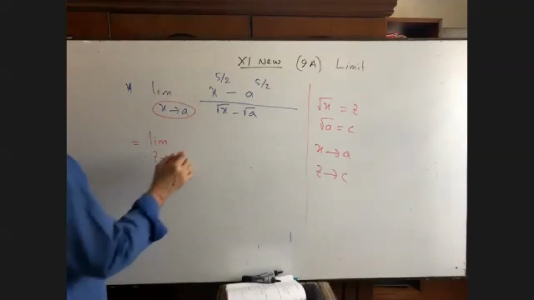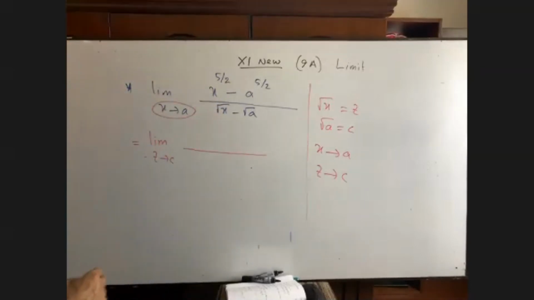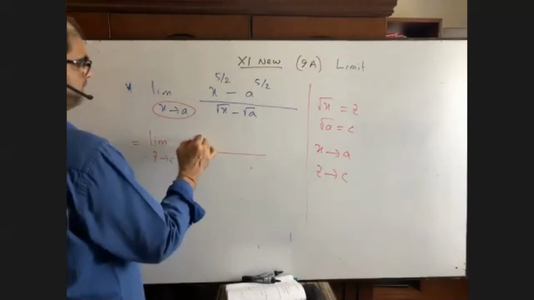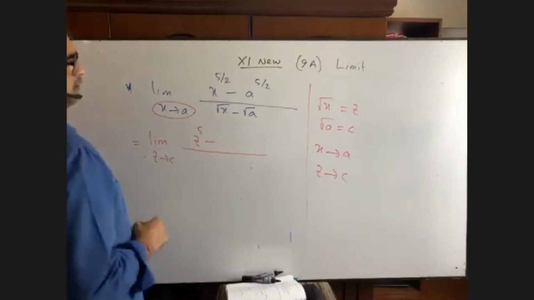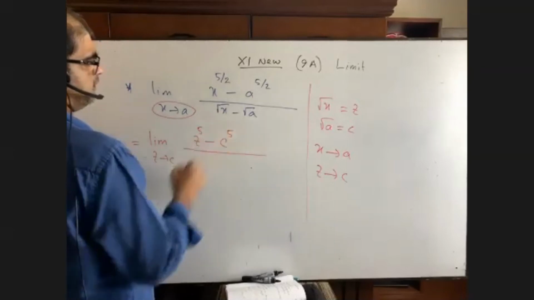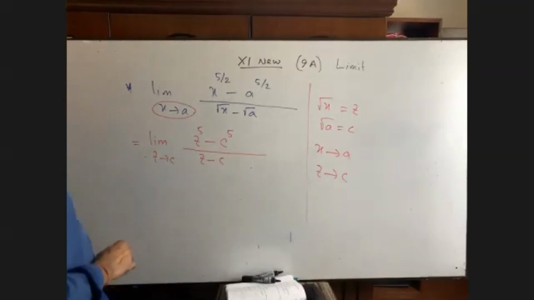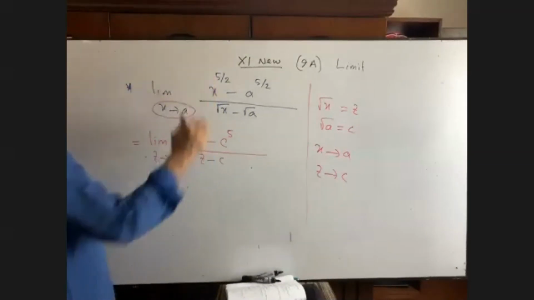Now it is x to the power 5 by 2. That means z to the power 5 minus c to the power 5 by z minus c. It can be written as root x whole to the power 5.